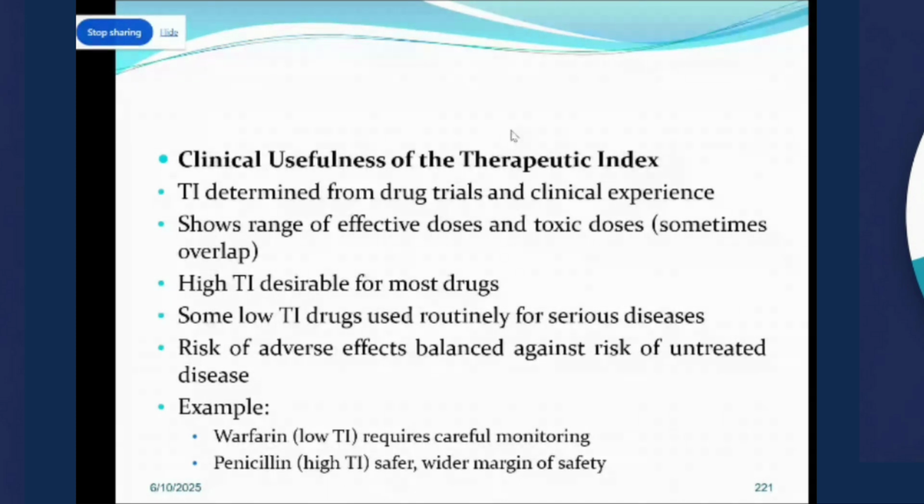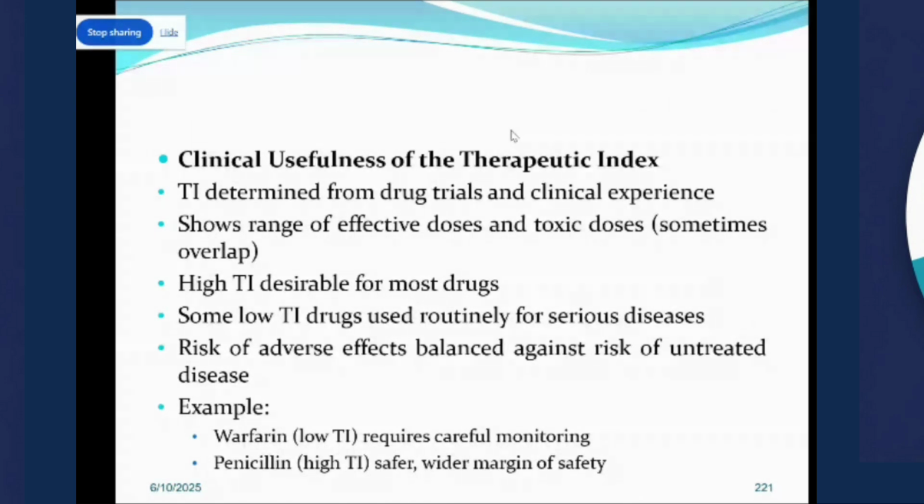In my own opinion, I think it's warfarin. For the fact that it has a low therapeutic index, it means that the margin of toxicity is very narrow. So the safety profile is very narrow.